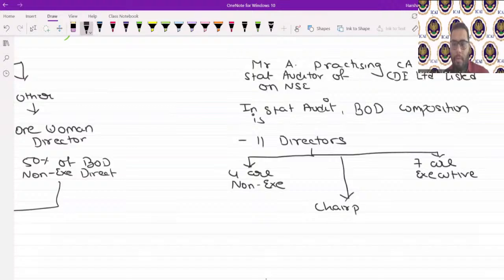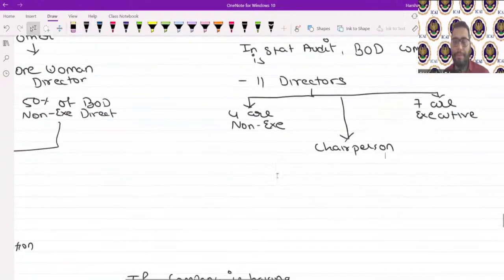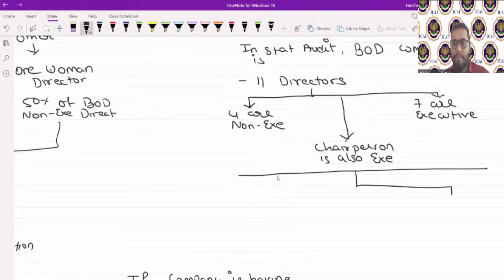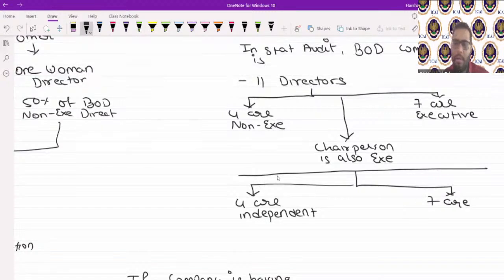Chairperson is also executive director. Out of these 11 directors, again, 4 which are non-executive are independent, and rest of 7 are, let's say, not independents, are others.